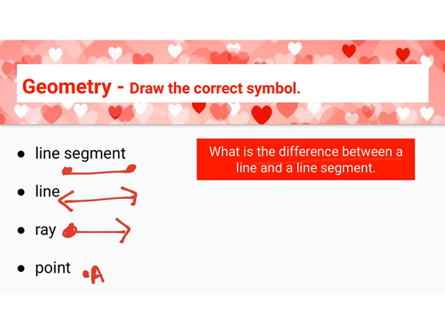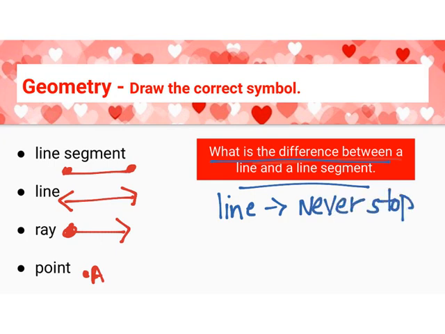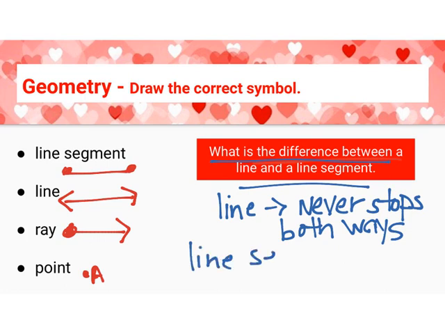Now, don't forget to do this. What is the difference between a line and a line segment? Well, a line never stops. Both ways. I have to apologize. My stylus keeps sticking to my screen, so it's skipping.